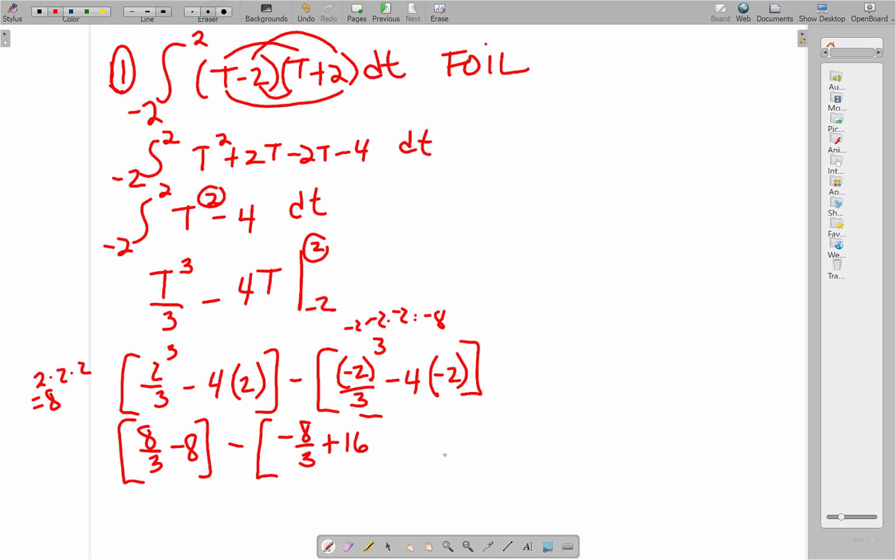Sorry, I guess I can't multiply. Plus 8. And what will we get here? Remember to distribute your negative to both of these.